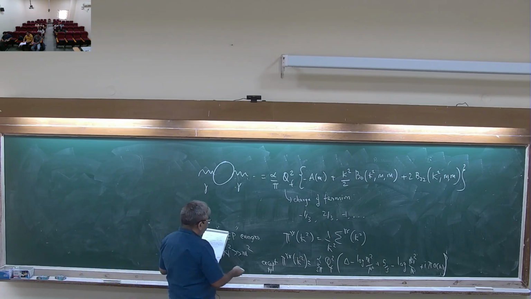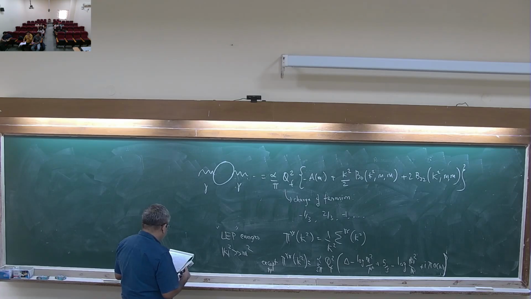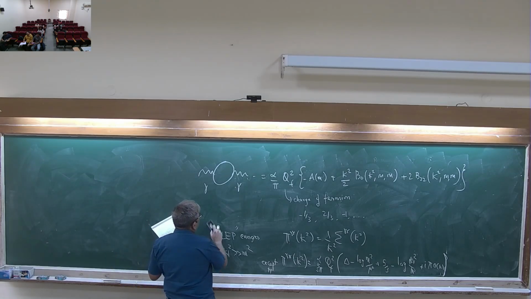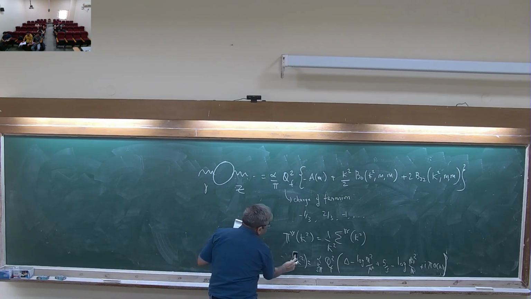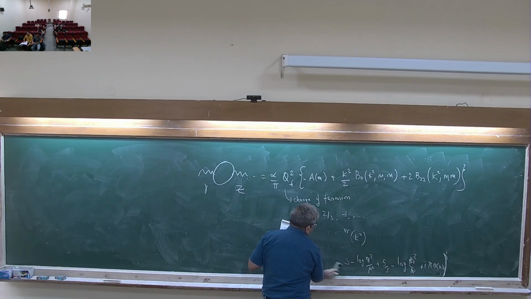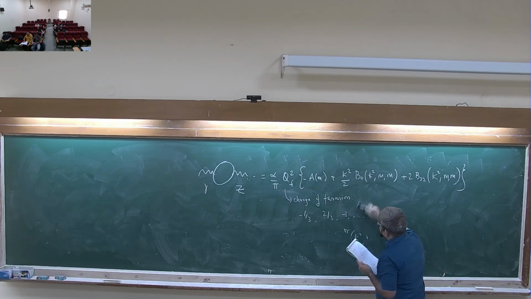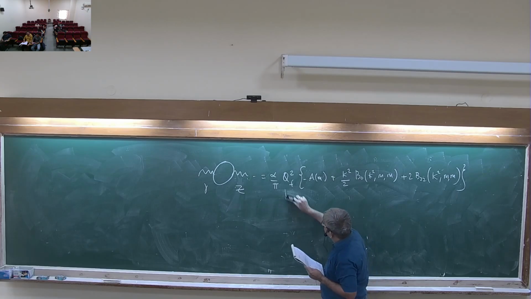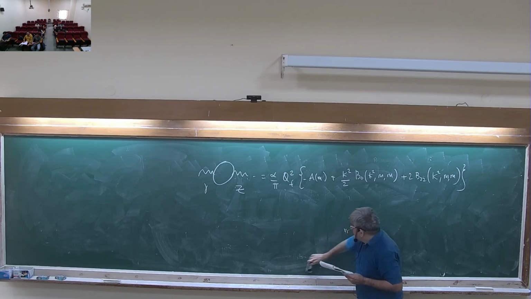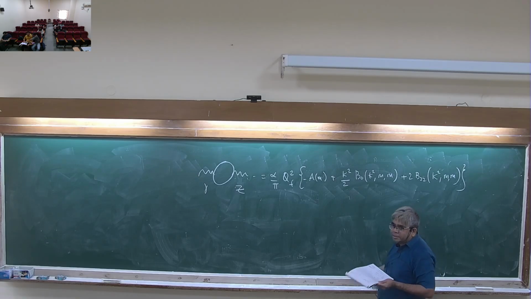Now I'll just write photon-Z mixing. Now this is important, because it has a lot of physics in it. It really tells us renormalization exists in the world as well.